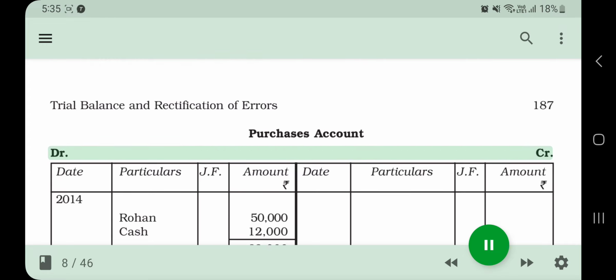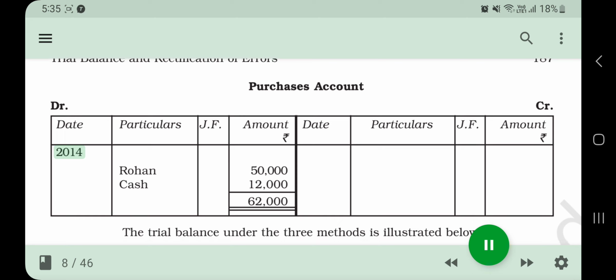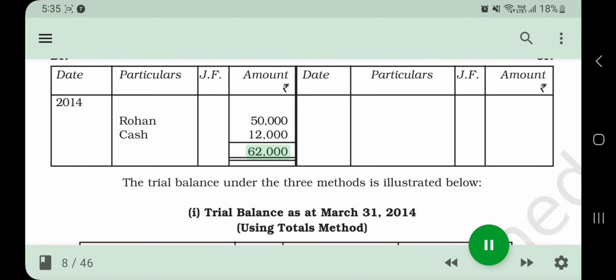Purchases account. 2014 Rohan 50,000; Cash 12,000; total 62,000.